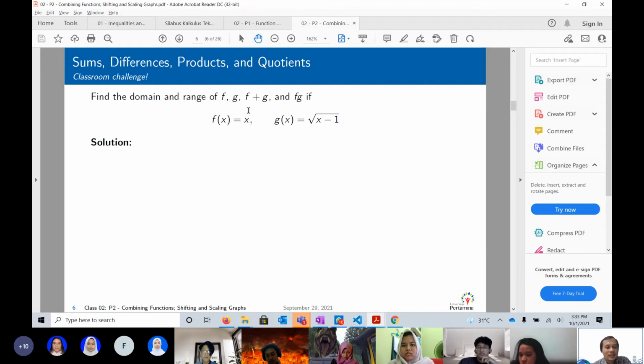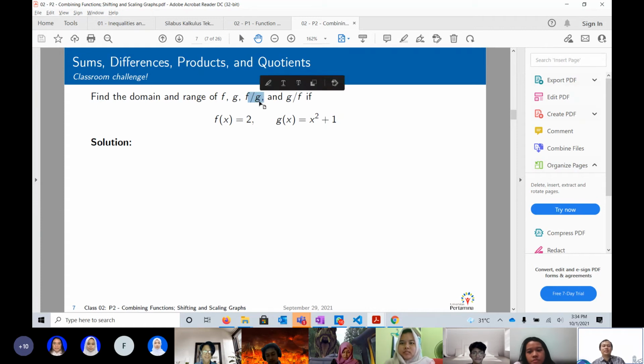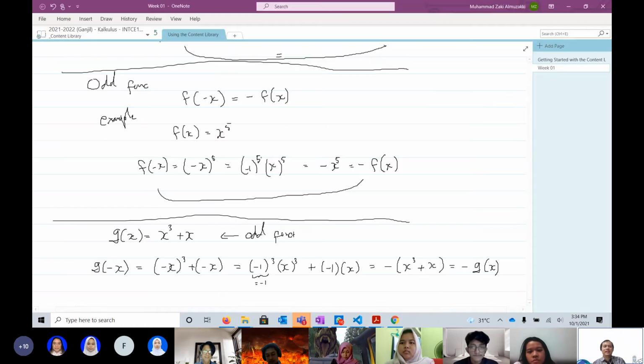This one is easy, right? Yeah, maybe sir can explain before we make it by ourselves the next number. Okay. I will not explain this one, but I will try to explain this one. Why? Because I think this must be harder because of the quotient.